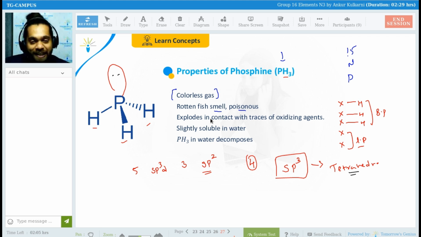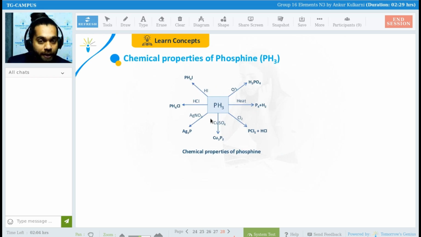A vegetarian cannot even imagine this. It explodes in contact with traces of oxidizing agent. Even if it comes in contact with oxygen, there is a possibility it may explode. So yes, your phosphine is explosive.